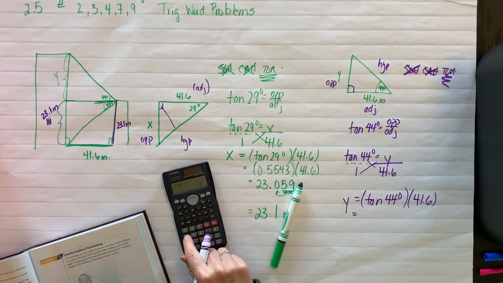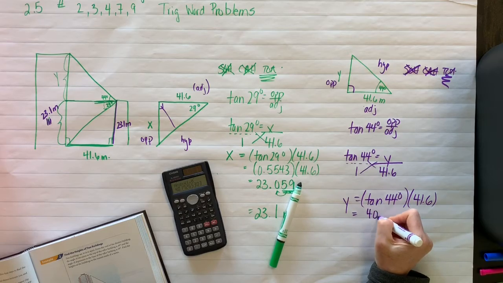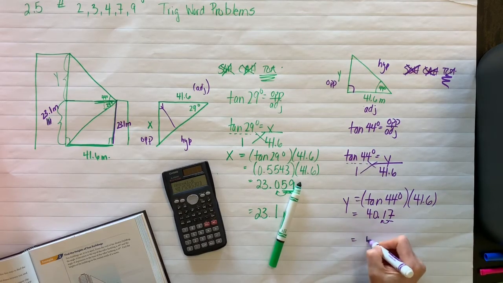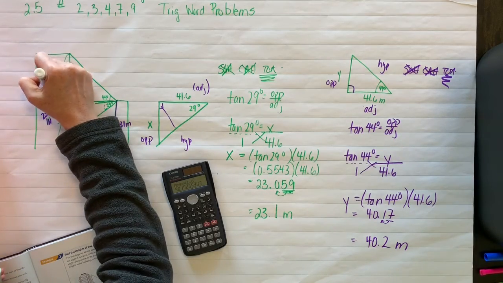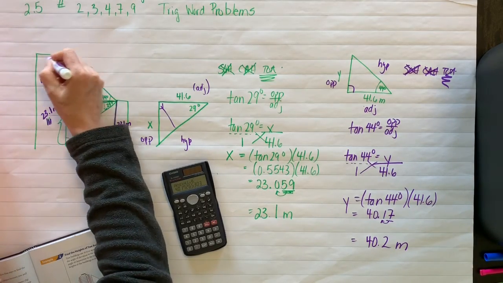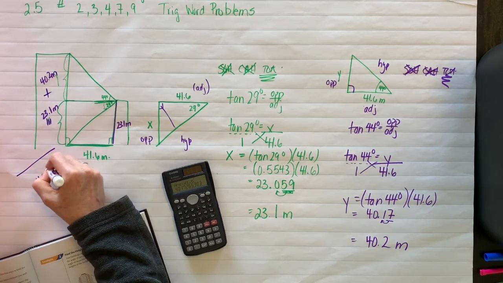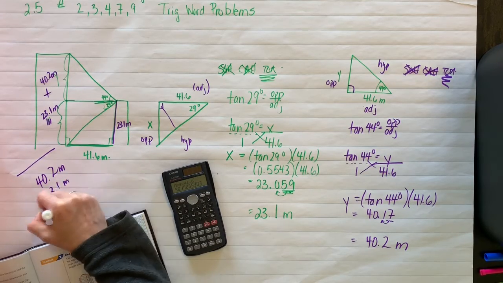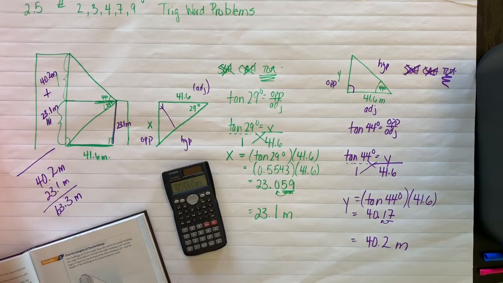Okay, tan 44, and I get 40 point, and the next number's 17. 7 is closer to 10 than 0, so the number before it is going to round up. So we'll say 40.2 meters. So this distance is 40.2 meters, and I think it's pretty fair to say that if I add those two things together, 40.2 plus 23.1 meters equals 63.3 meters.